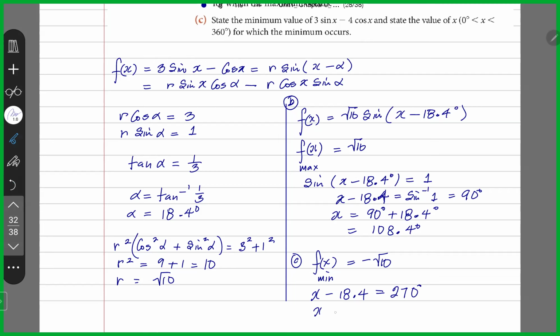So x is equal to 270 plus 18.4, which is 288.4 degrees. 288.4 degrees is the value of x for which f of x is a minimum.